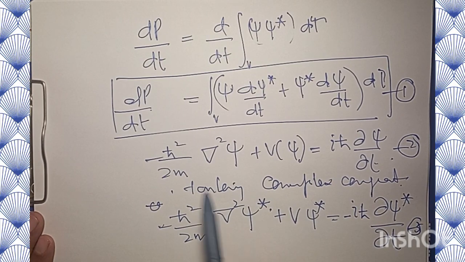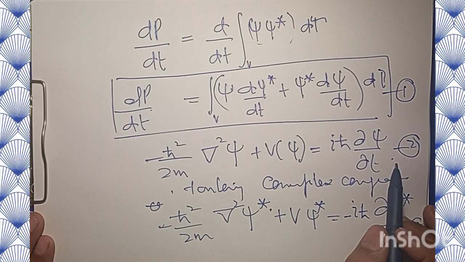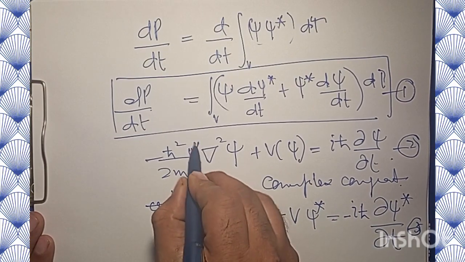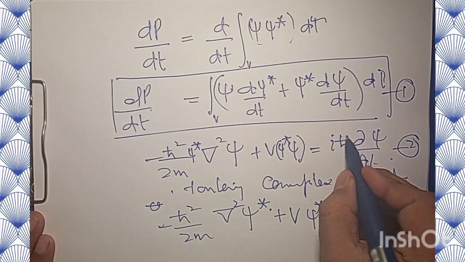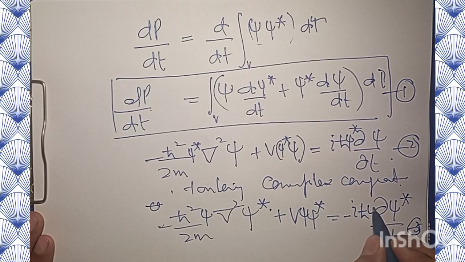Now I would like to multiply equation 2 by psi, and equation 3 by psi star, so that psi appears in each term. It's looking a bit crazy, but this is the right way to do it.